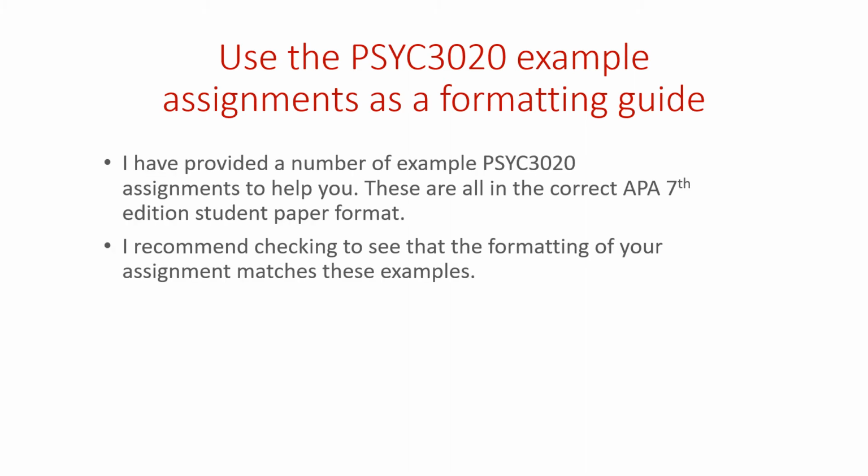One of the best bits of advice for making sure you comply with APA 7th is to see whether the formatting of your own assignment matches the formatting you can see in those examples, and if it does, then the chances are that you are following APA 7th edition format appropriately. That's a strong bit of advice. Do go and check out and read those example assignments. It's also a good idea from the point of view of understanding the assignment itself.